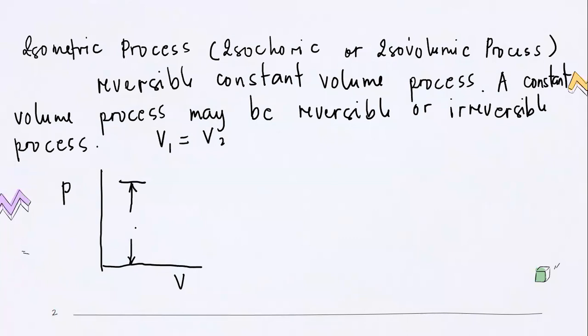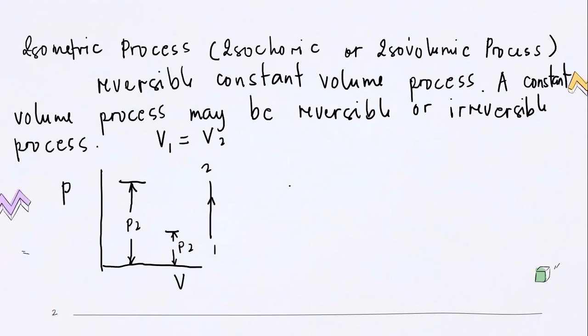Okay, let this one be your P2, and then this one is your P1. Therefore, we have from 1 to 2.